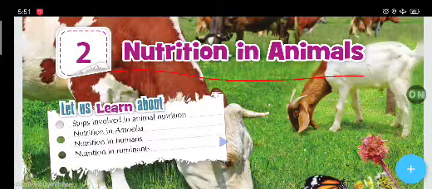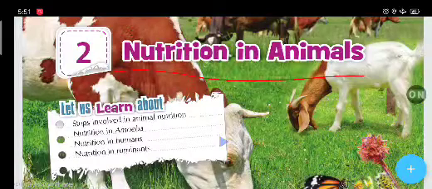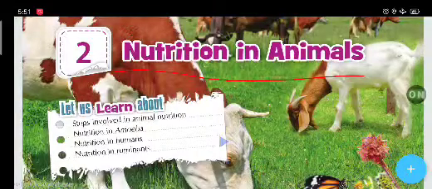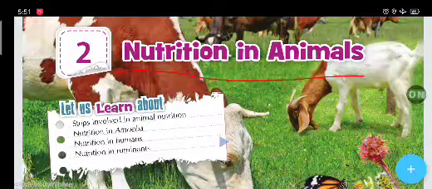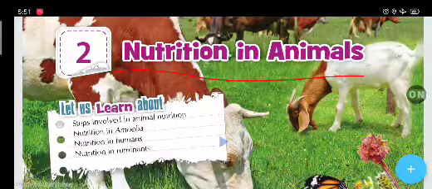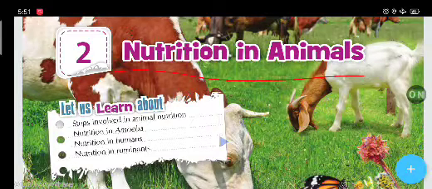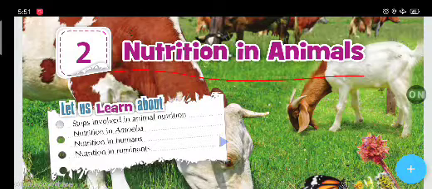As we know, dear students, all living organisms require nutrition. In the previous chapter, Nutrition in Plants, I taught you how plants require nutrition and what kinds of modes of nutrition there are.